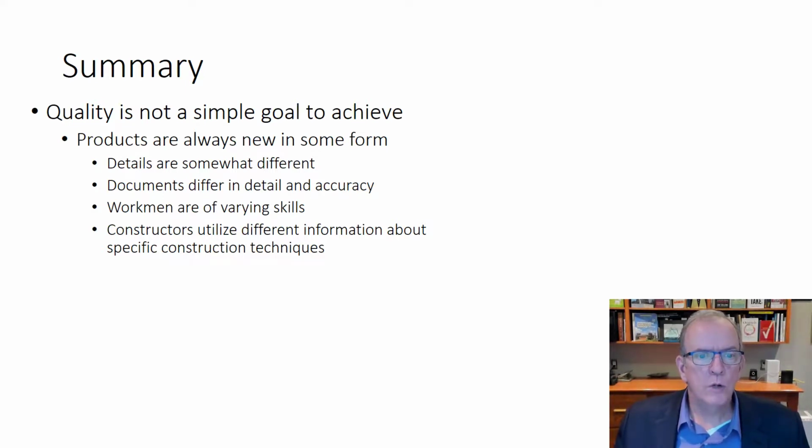There are always going to be new products and new forms, so there are going to be new challenges as a result. But if we have the processes in place, we can deal with workers of varying skill levels, and constructors can utilize different information about specific construction techniques to implement into their quality programs.